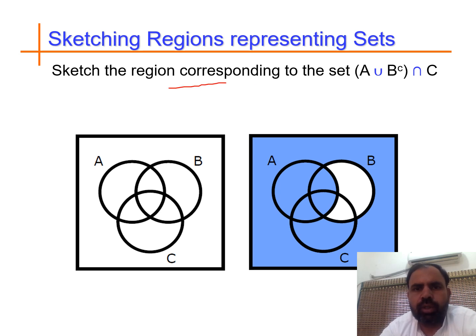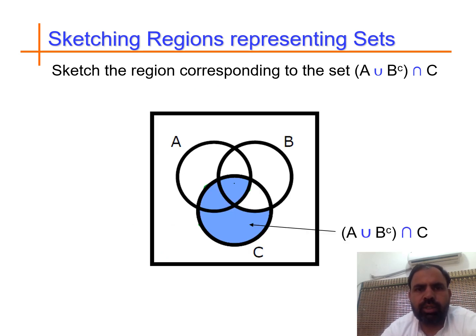Now we sketch (A union B) complement intersection C. These are the sets A, B, C. Here we sketch A union B complement, so this area, intersection C. Which area is common to both (A union B) complement and C?